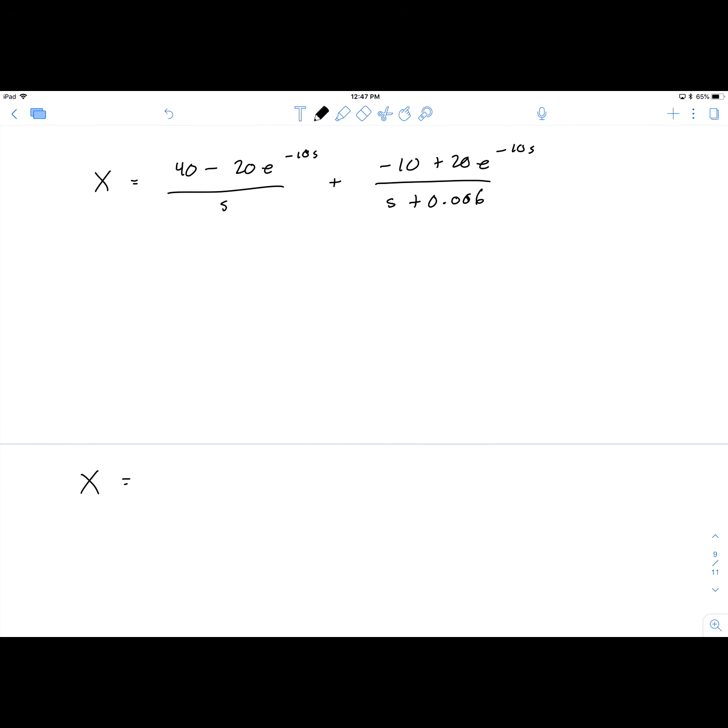So I'm going to write this as 40 over s, minus 20 times e to the negative 10s over s, and then minus 10 over (s plus 0.006), plus 20 times e to the negative 10s over (s plus 0.006).